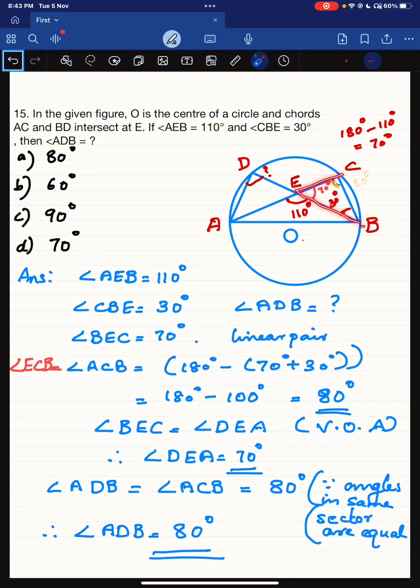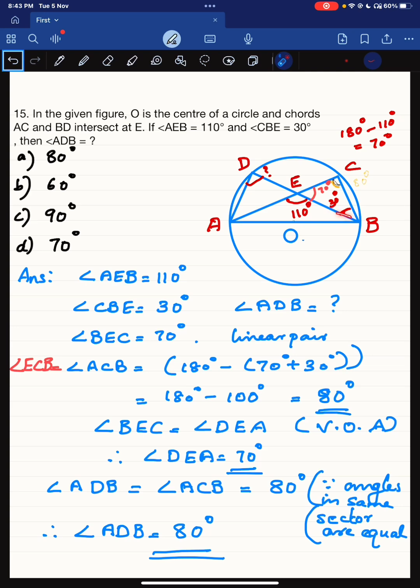Angle BEC is equal to angle DEA. How did we get that? Because they are vertically opposite angles, and vertically opposite angles are equal. So we also got this angle. Angle BEC is equal to angle DEA.